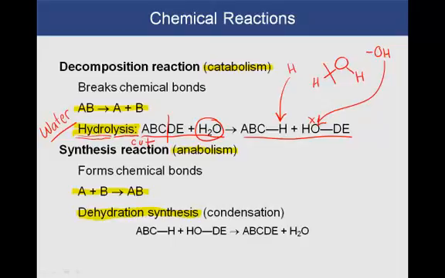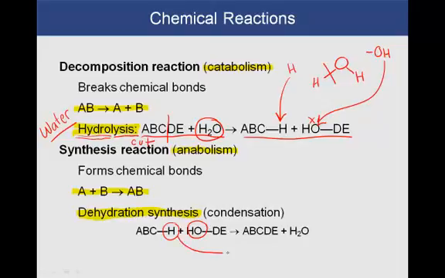This is also called a condensation reaction because in the process of this reaction, water is formed. So if you think of condensation on a glass, water forming on a glass, but water is formed during this process. And you hopefully notice here that what we have is ABC, and this H is actually representing a hydrogen atom, an OH representing the OH group.